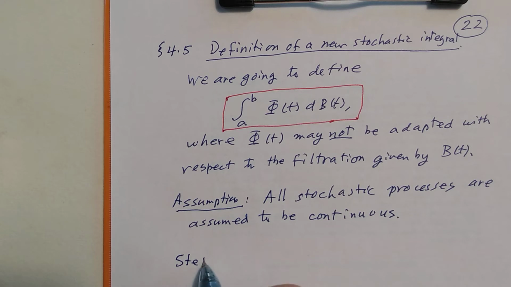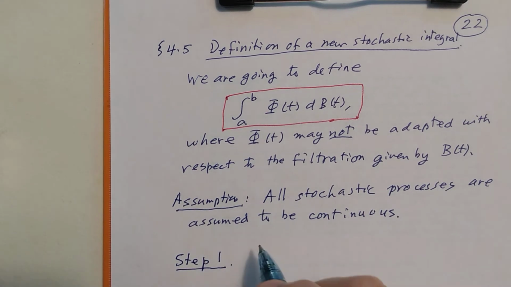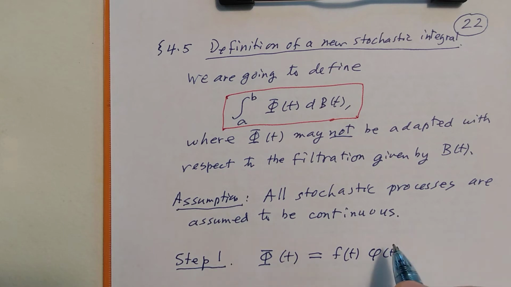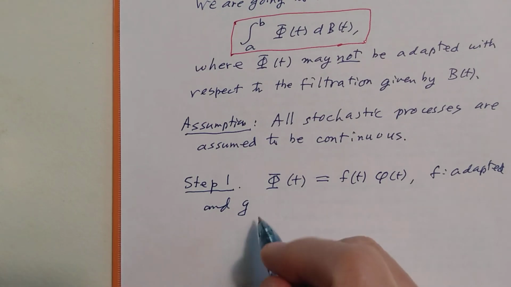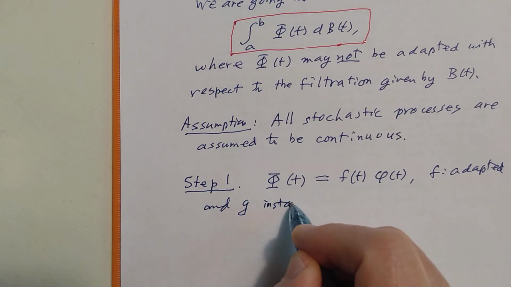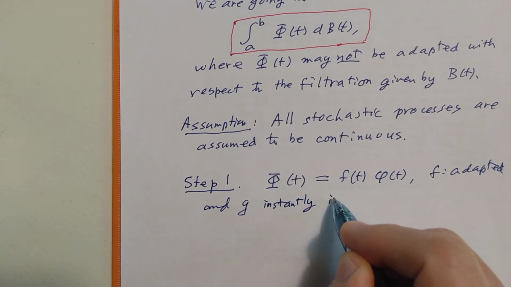Step 1. Step 1 is for the case the integrand phi t is the product of f t and phi t, with f being adapted and g being instantly independent.